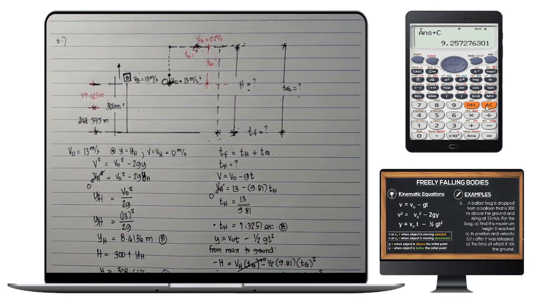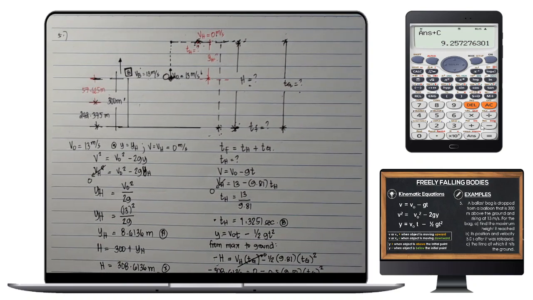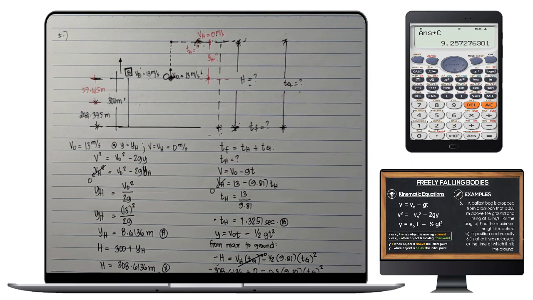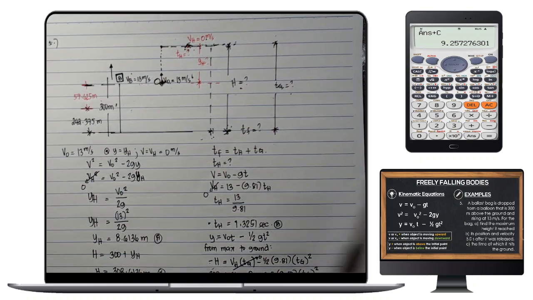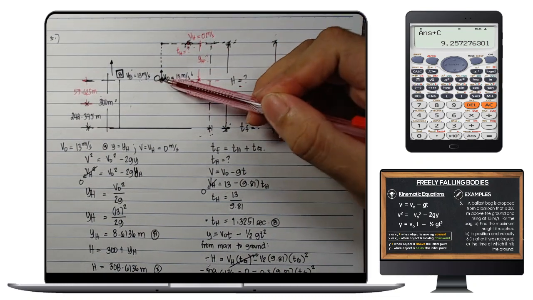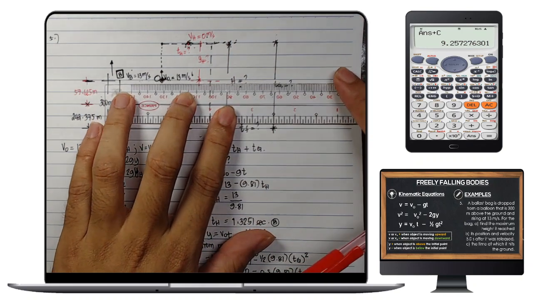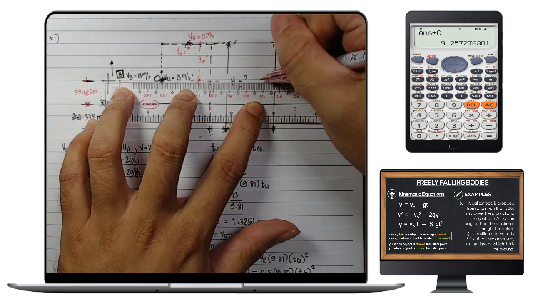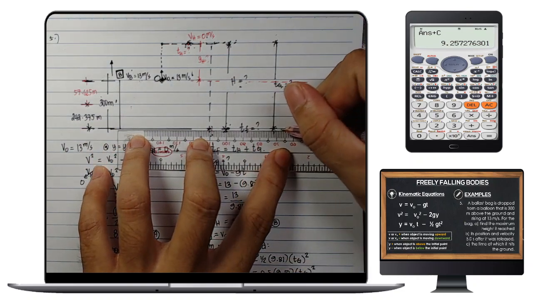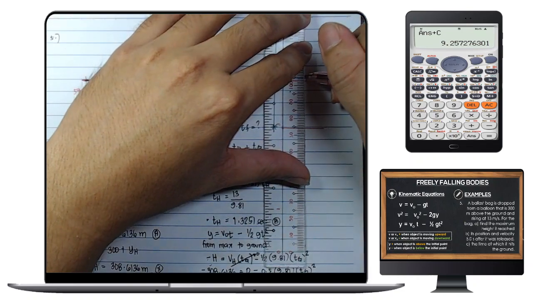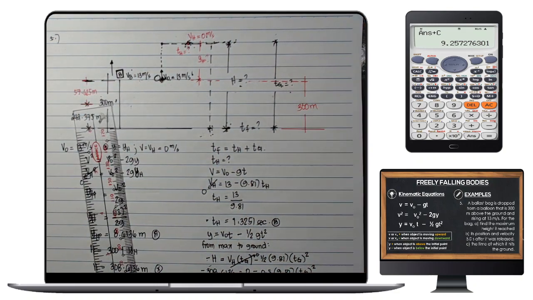Ano natin dito? Okay, so let's go back to our figure. So, dito sa ating figure, di ba from this point, this is 300 meters. So, itong ating initial point. So, this is 300 meters.